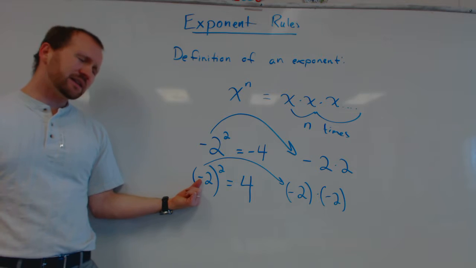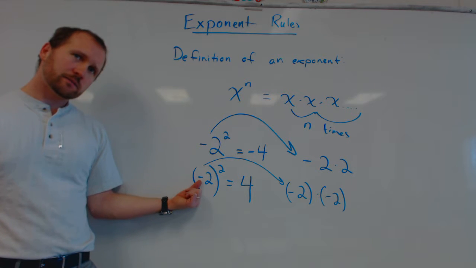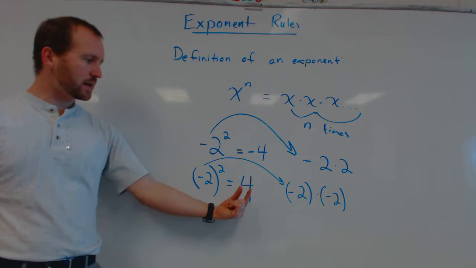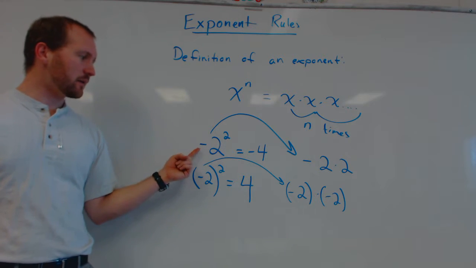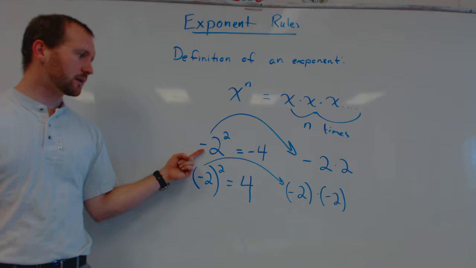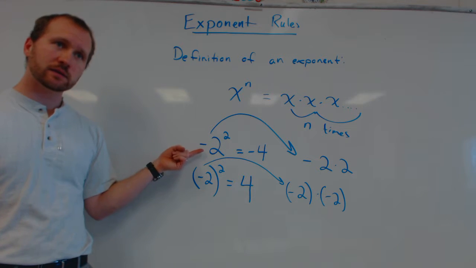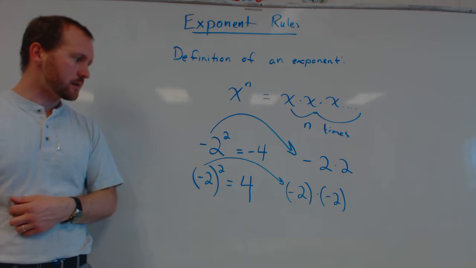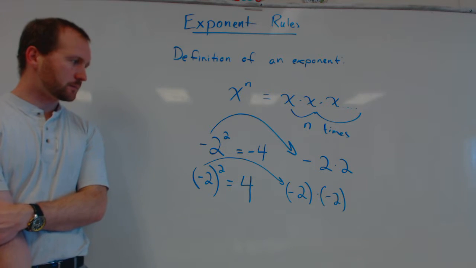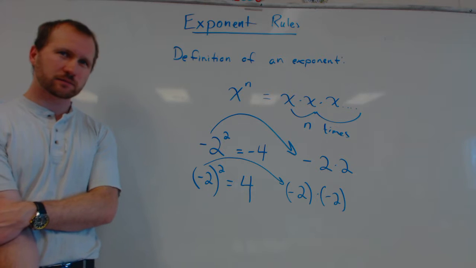So if the negative is inside of your parentheses, it gets repeated each time you multiply. If the negative's outside of your parentheses, or if you don't have parentheses, the negative just kind of sits there. Does that make sense? Yeah.